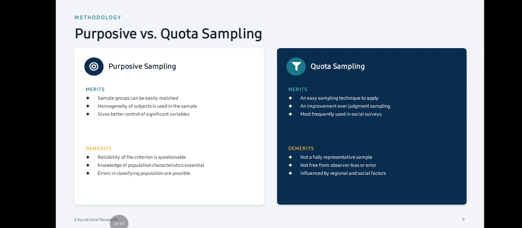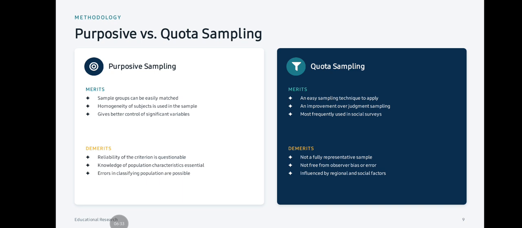Next is purposive versus quota sampling. What is purposive sampling? Its merits. Sample groups can be easily matched. Homogeneity of subjects is used in the sample, gives better control of significant variables. Its demerits is reliability of the criteria is questionable, knowledge of population characteristics essential, errors in classifying population are possible.